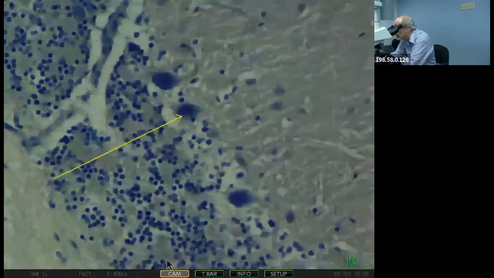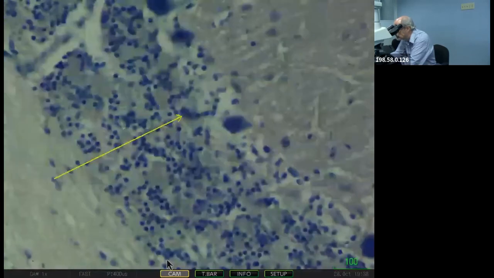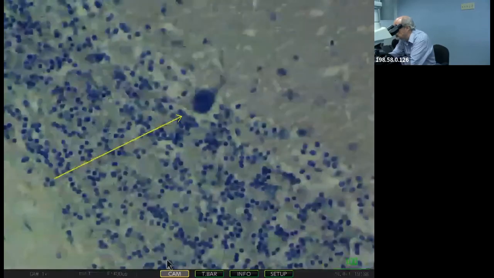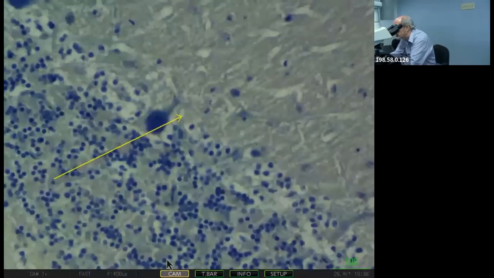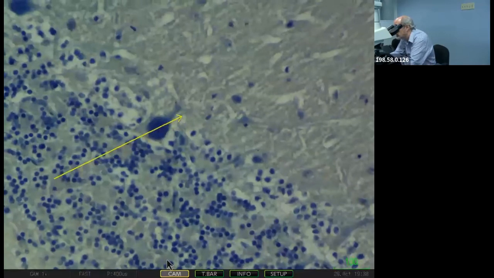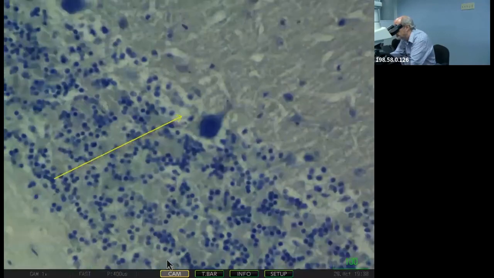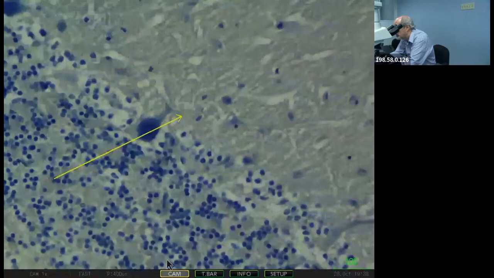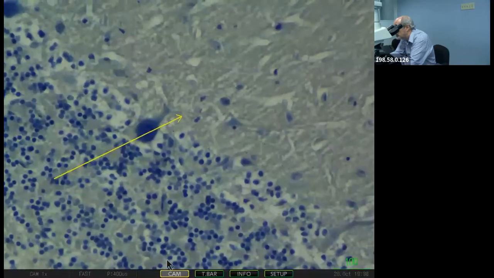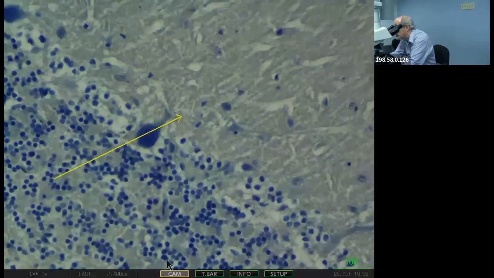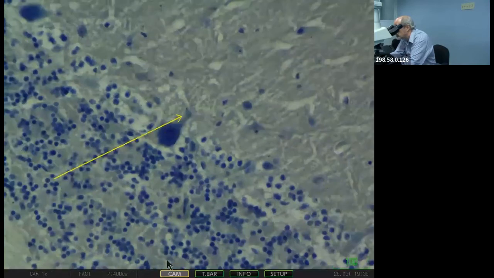So you have some ramifications. You have the main apical dendrite, and this one will subdivide into one branch here and the other branch here. Okay?